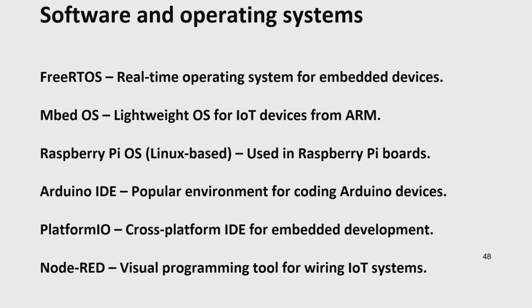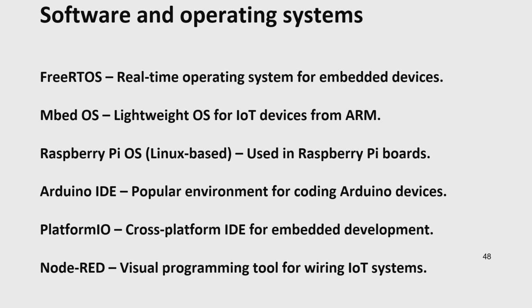There are many software and operating systems used in the Internet of Things, like FreeRTOS, a real time operating system for embedded devices, then Mbed OS, a lightweight operating system for IoT devices from ARM, and Raspberry Pi OS. As I already told, Raspberry Pi is a hardware thing, a microcontroller you can also take, but it is basically a type of small computer, and a Linux based operating system is there.